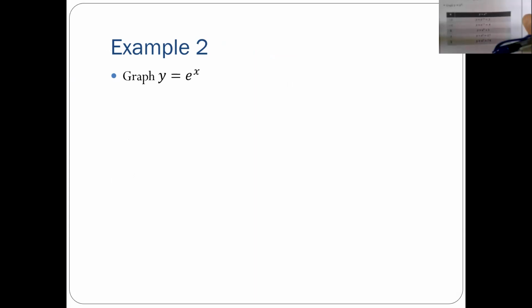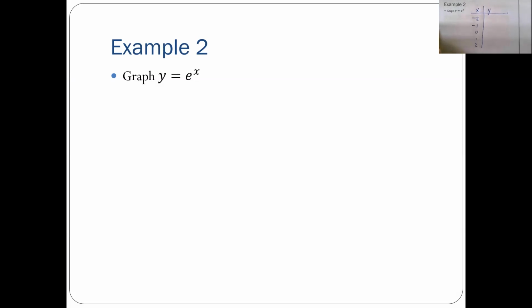what I'm going to do next is actually graph this function y equals e to the x. We're going to graph again by picking 5 values for x, and I'm going to do a wide range using -2, -1, 0, 1, and 2.